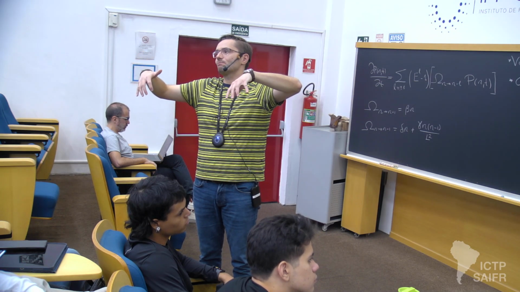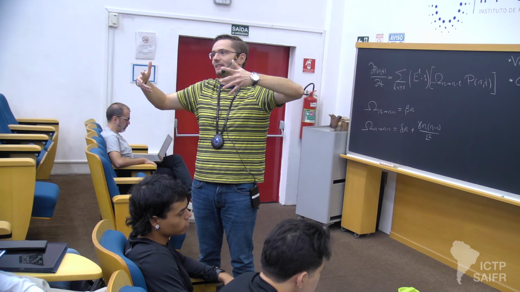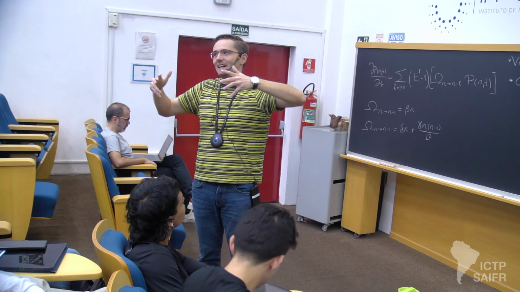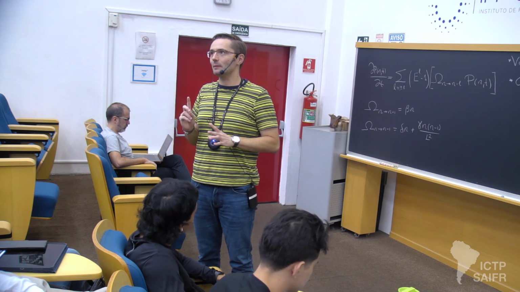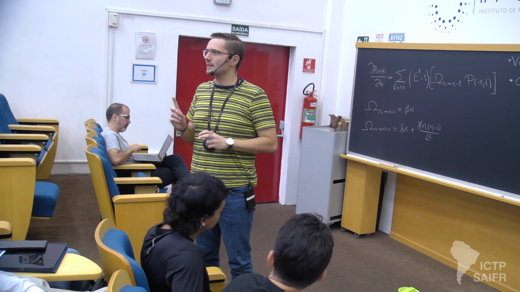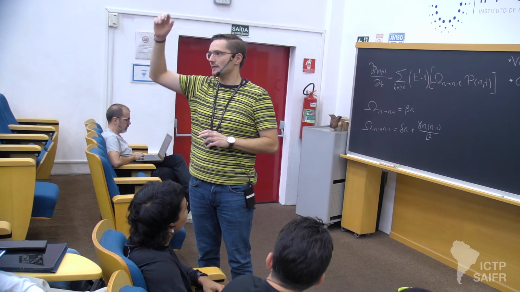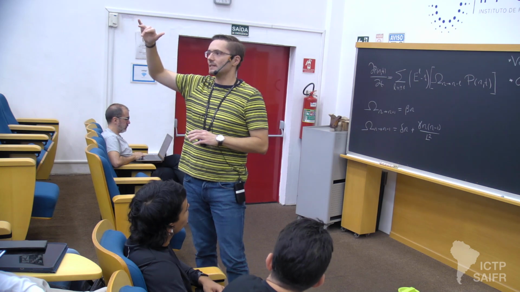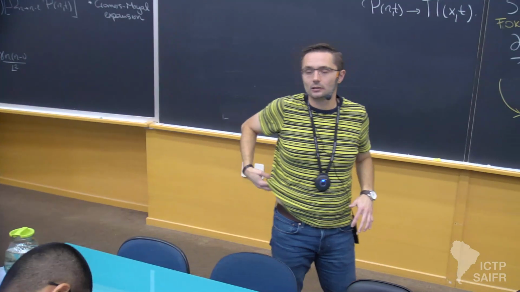Applying functional calculus, you will obtain the Langevin equation. I think the best thing for you to do if you're interested is to look at the notes that I shared with you, I think it's chapter 7, that explains step by step how to go. But step by step means that, of course, between steps you have to do a lot of math.